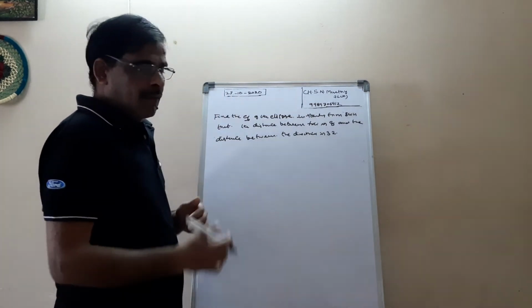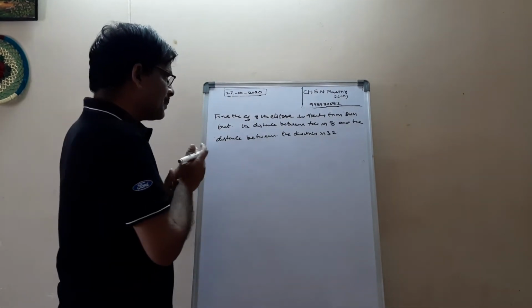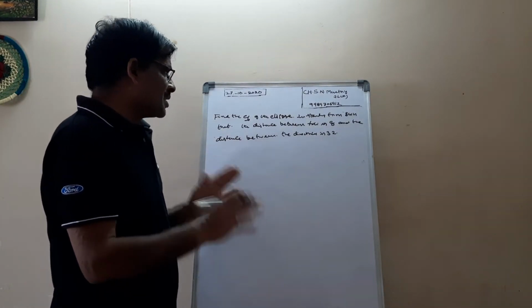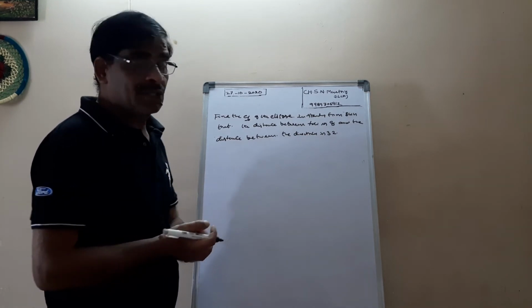See, once again go through the problem. Find the equation of the ellipse in standard form such that the distance between the foci is 8 and the distance between directrices is 32.